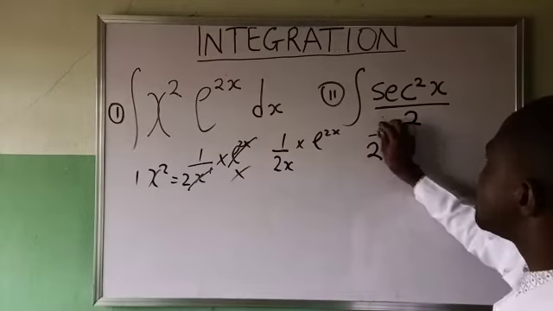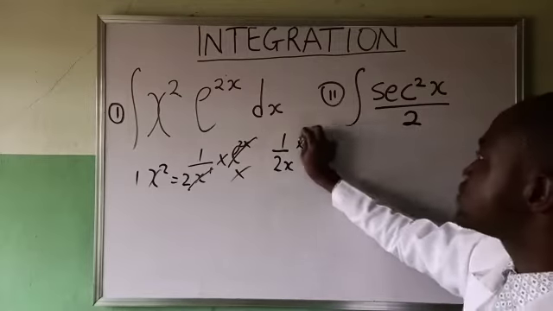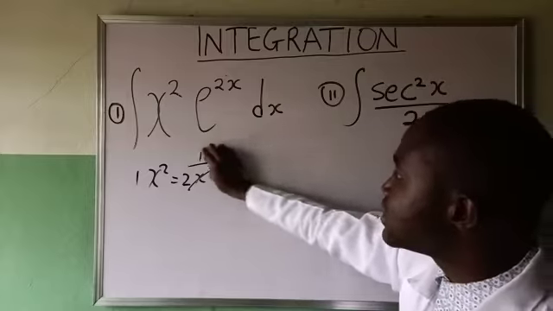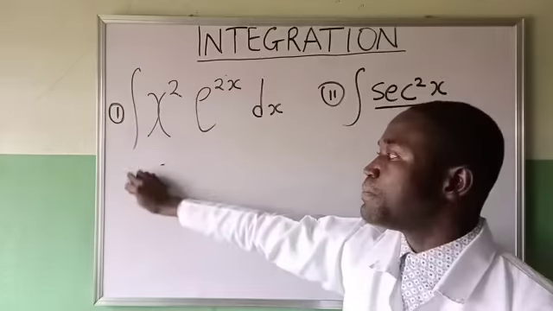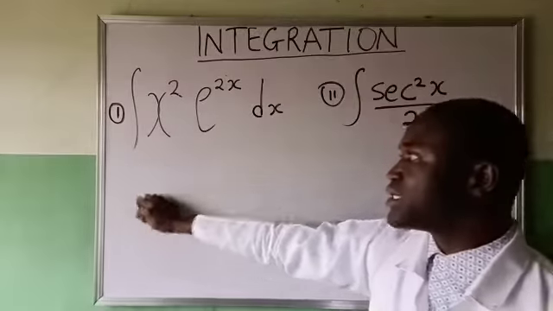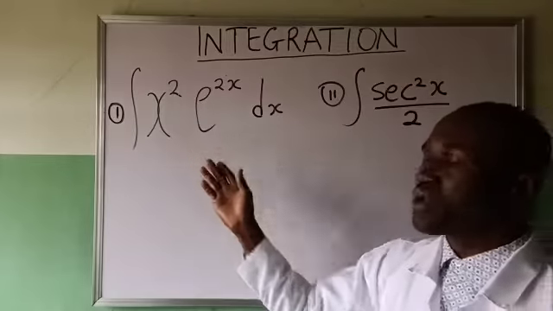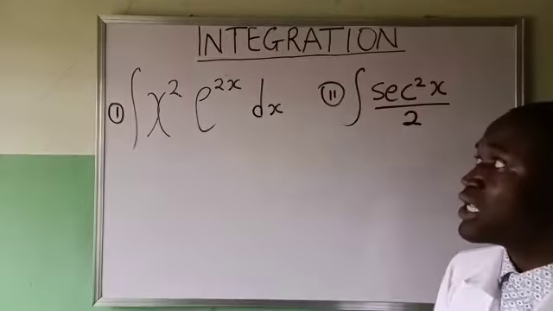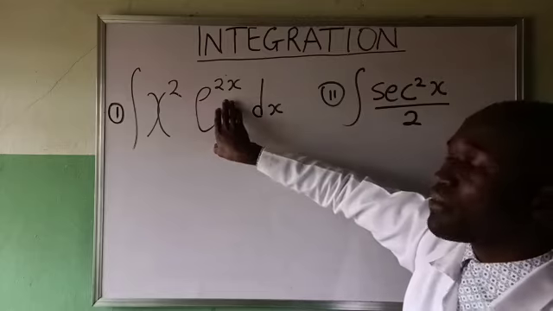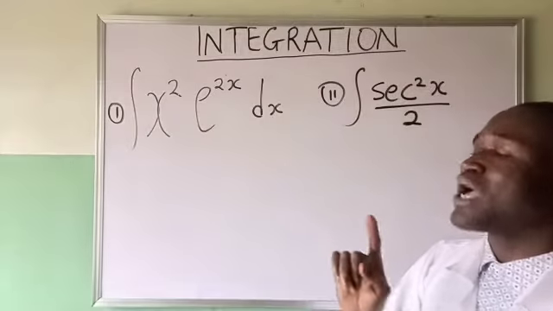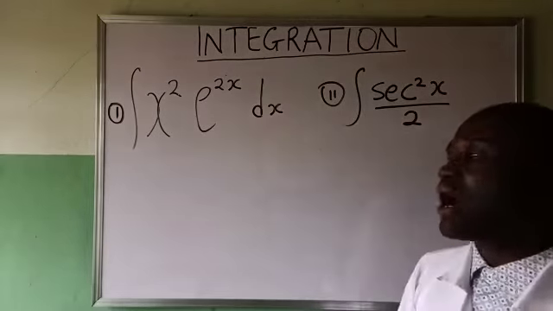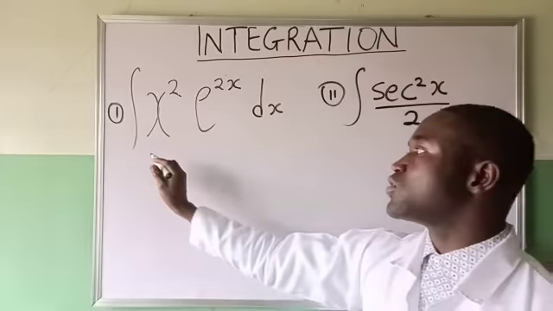Now, I do not want to waste time while integrating this, so I will use a simpler method to integrate it. Instead of using integration by parts, I will use a simpler method. That means you can use integration by parts to solve it, and you can also use this method I will use. Look at the method.